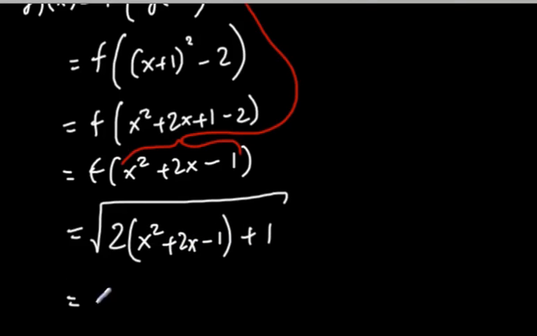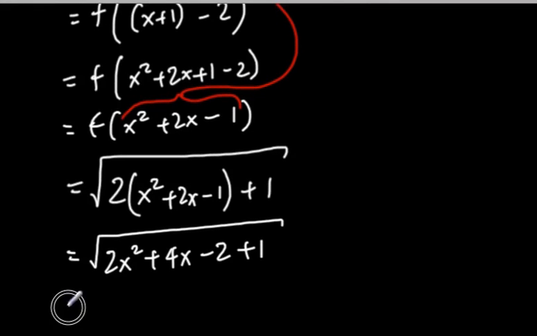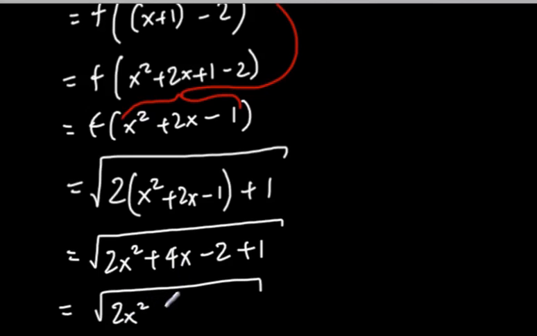So if I want to expand this a little bit, just make it a little easier. So to simplify it, 2x squared plus 4x minus 2 plus 1. And this will come out to simply 2x squared plus 4x minus 1. All right, so that's my solution for f of g.